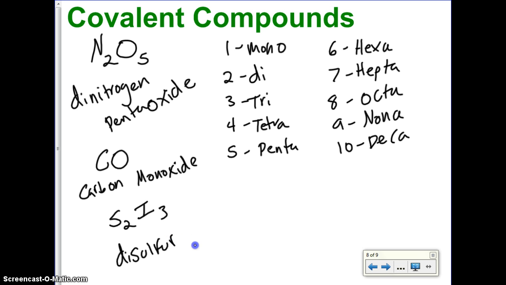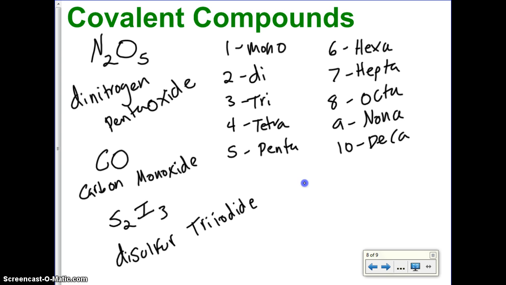Sorry, my hand is not going as fast as my brain is right now. I is iodine, 3, so we say triiodide, and we will leave it as triiodide. It sounds better than triodide, so that's just kind of one of the rules, is double I is okay.